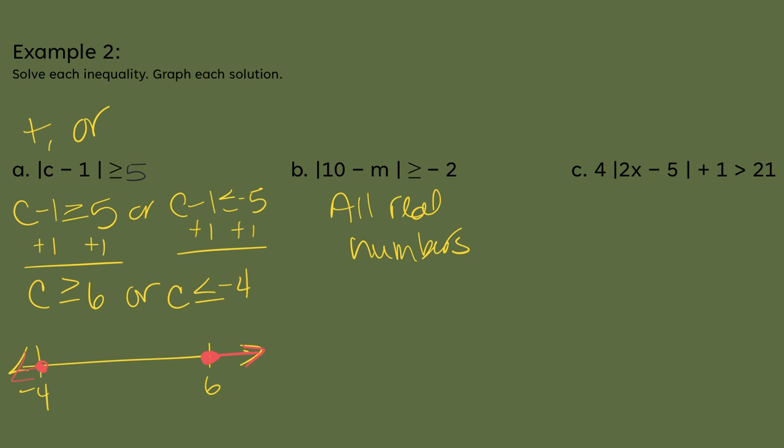What should I do here now? Do we distribute in absolute value? No. Only when you're in parentheses. I'm going to do minus 1 on both sides.